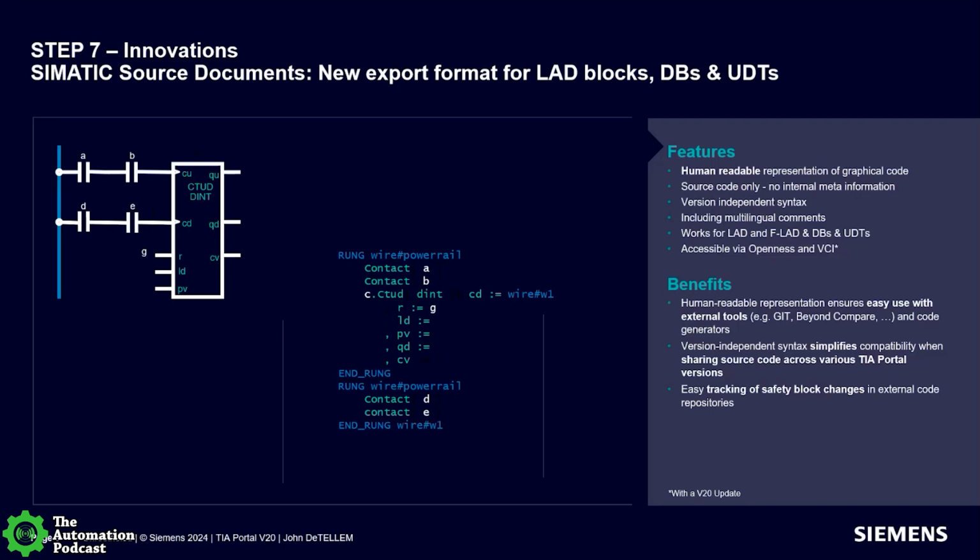In version 20 there's now a human readable representation of that ladder file, the DBs, data blocks, the variable definitions, and the user defined data type blocks, so that you can do a little bit more with DevOps tools and versioning the documents, and reading it and understanding what was different or what was done different about it.